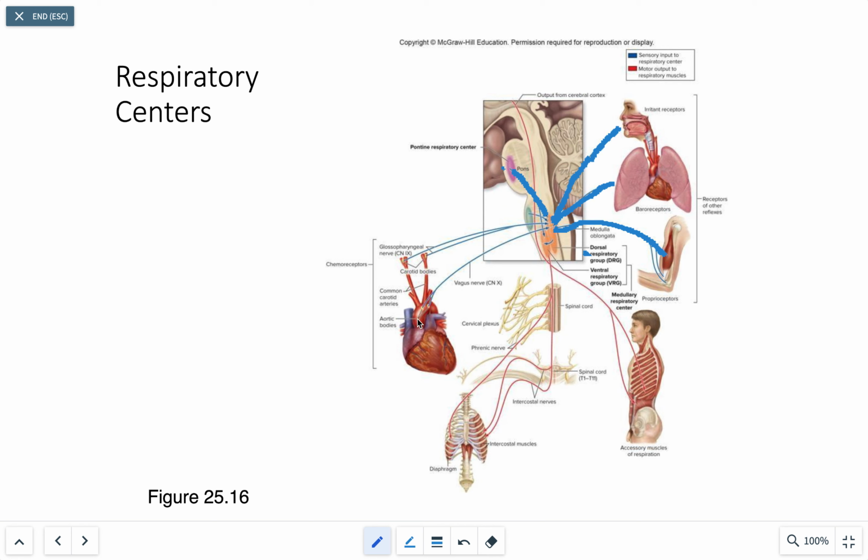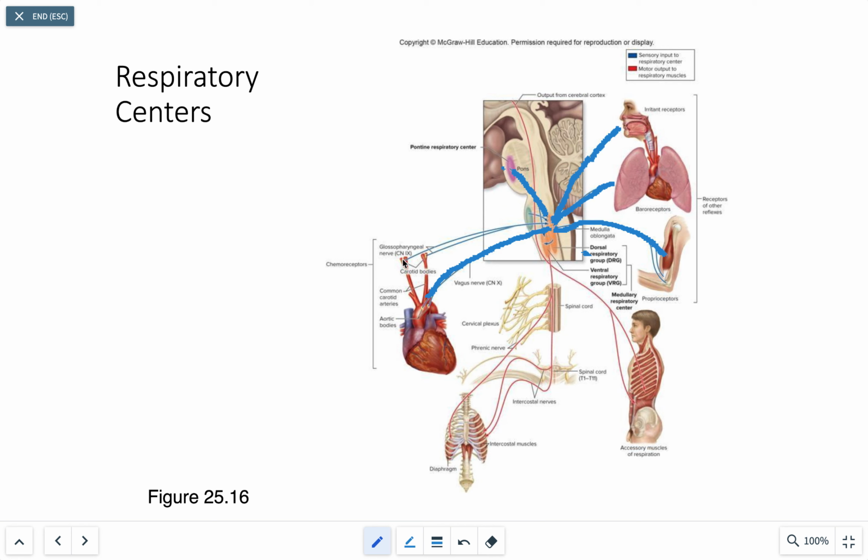So chemoreceptors are important because they're going to measure pH in the blood, or they're going to be watching pH in the blood, CO2 concentrations in the blood, and also oxygen concentrations in the blood. So we have the vagus nerve, which is the main chemoreceptor that's located on the aortic bodies, which is going to go into the dorsal respiratory group.